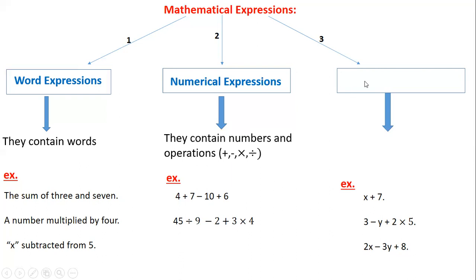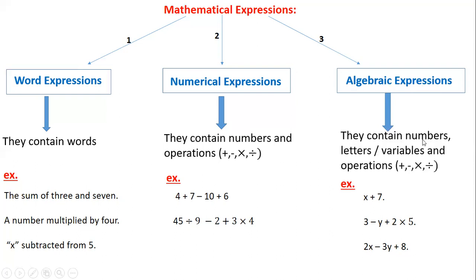The third kind of mathematical expressions are called algebraic expressions. These are what we are going to learn in these lessons. Algebraic expressions contain numbers, letters or variables, and operations: plus, minus, times, divided by. Example of algebraic expressions: x plus 7.